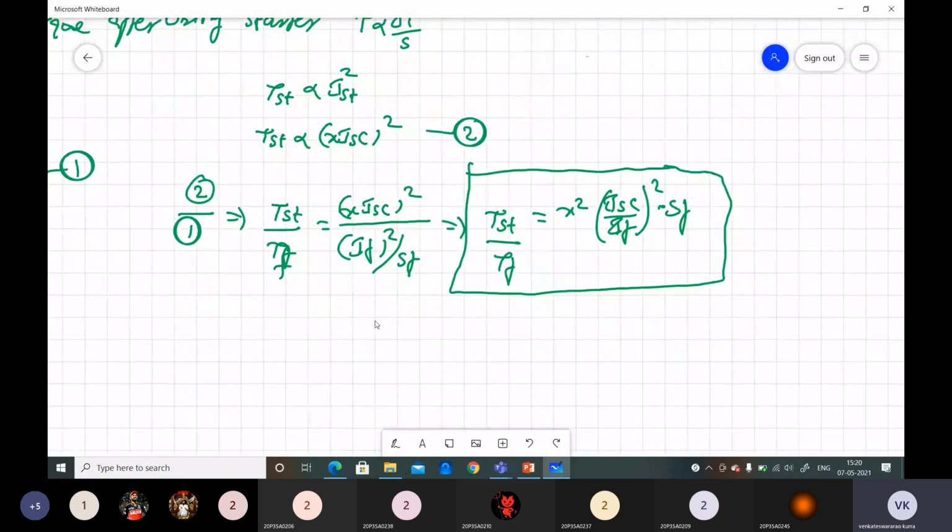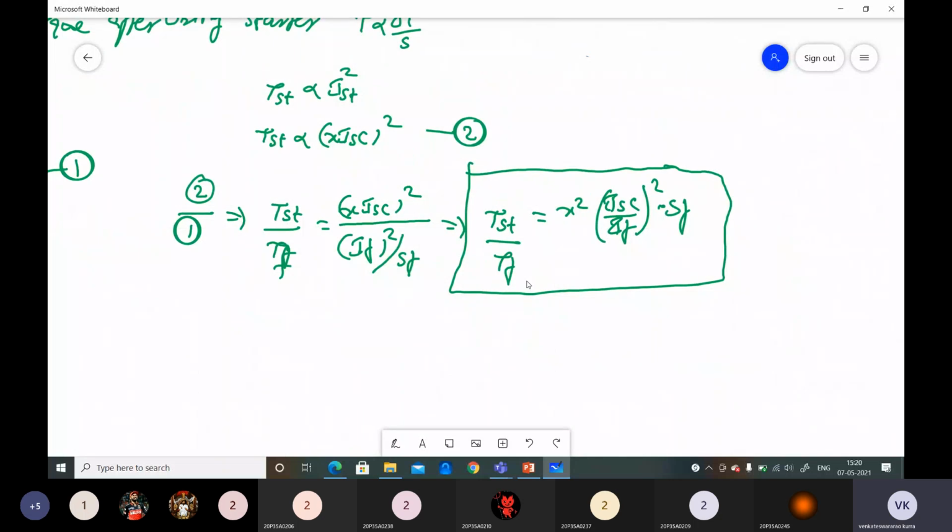So due to introduction of this resistive starter, the starting torque is reduced to X square times the full load torque.